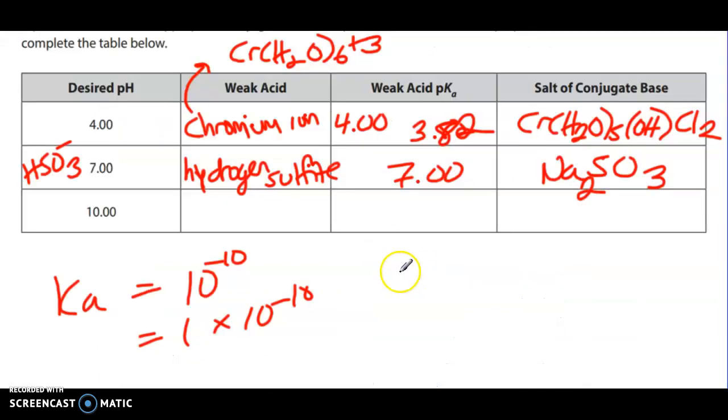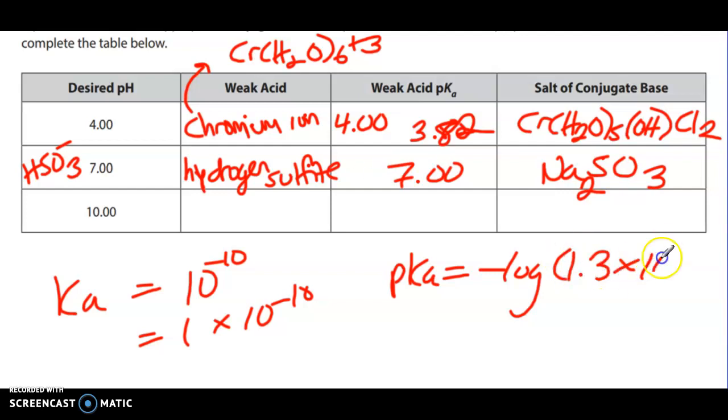So let's double check that. To get the pKa, we do negative log of, I forgot the number already. Let me look this up again. That was our phenol, 1.3 times 10 to the negative 10, just to get our Ka value.